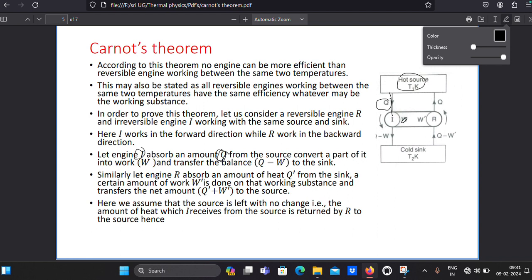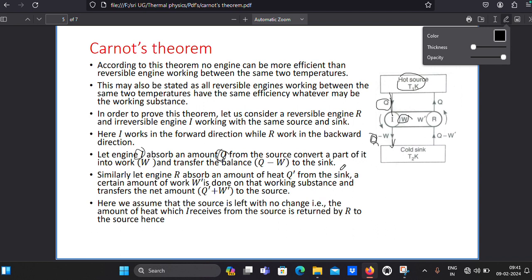So the irreversible engine is absorbing heat, how much, Q1, from the source, and converts a part of it into work W, and transfers the balance, Q minus W, to the sink.